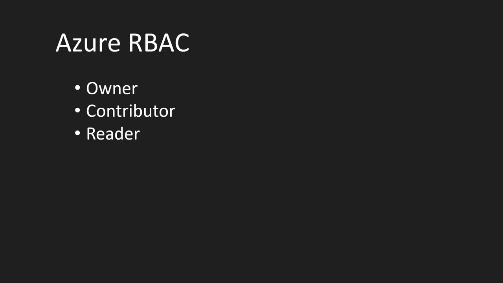So that's the person who can give rights to other people. The second is the contributor, and that can do everything that the owner can except give rights to other people. And lastly, we have the reader role, and that just means that you can see the resources that have been created in the scope that you have credentials for.